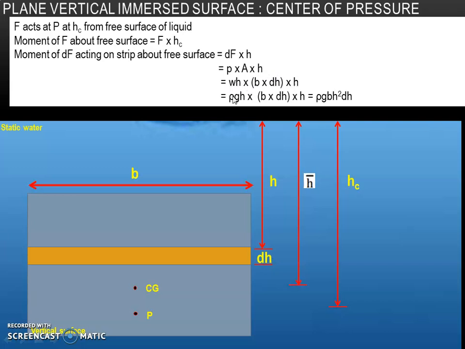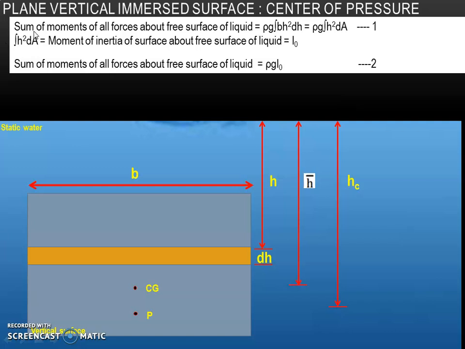Specific weight W is rho into g, so it is rho g H into B into dH into H. So we get final expression for moment of dF acting on strip about free surface as rho g B H square into dH.